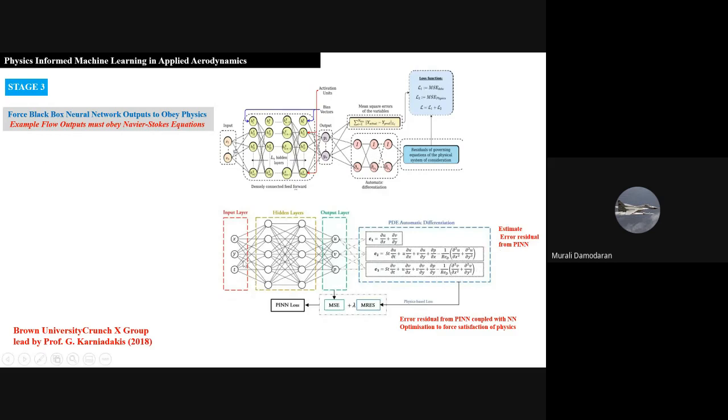So basically, what is happening if you look at this one here? There is X, Y, and T, the spatial and temporal coordinates, which could be the coordinates of the mesh, and at that point I know my U component, V component, and pressure.